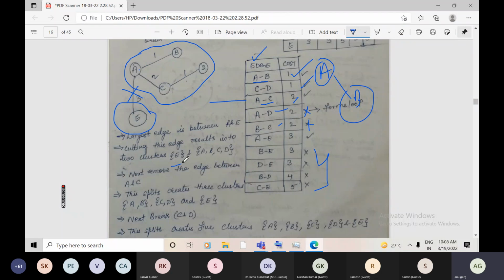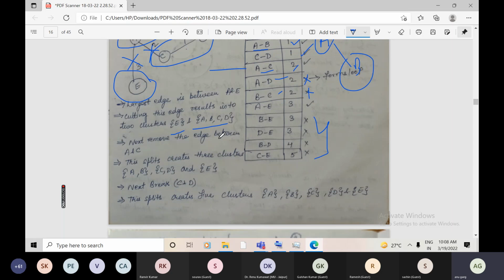So two clusters, E and ABCD. Now in this ABCD, the highest edge is 2. So cut this. When you cut this, you will be left with two more clusters, A, B and C, D. So now you have three clusters.